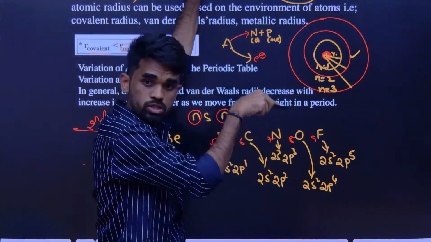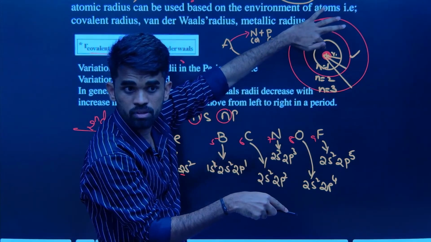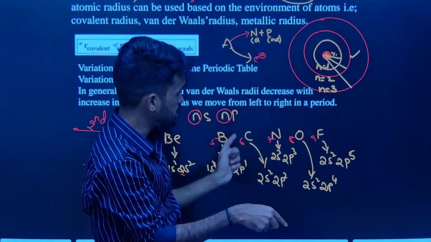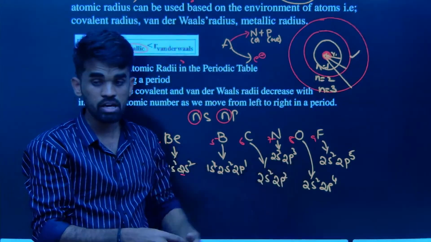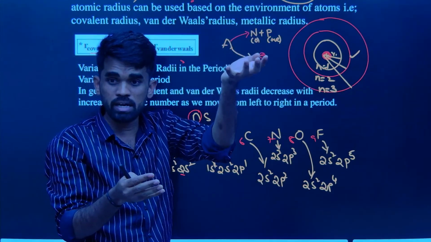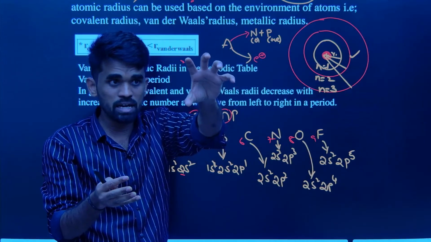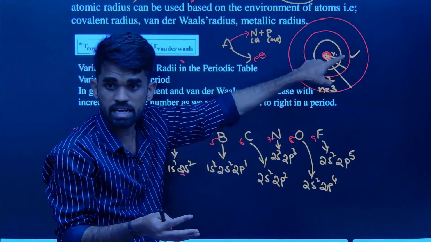So they are going into the second energy level, and the number of protons inside the nucleus is increasing, since the atomic number is increasing. So the positive charge inside the nucleus is increasing. It means the positive charge will strongly bind those electrons towards itself from this second energy shell.